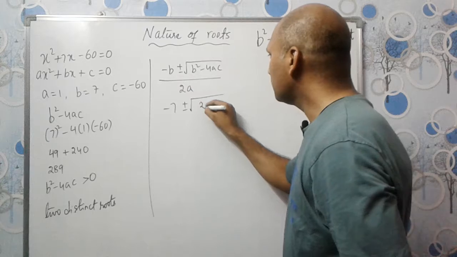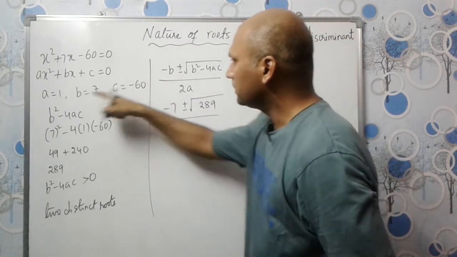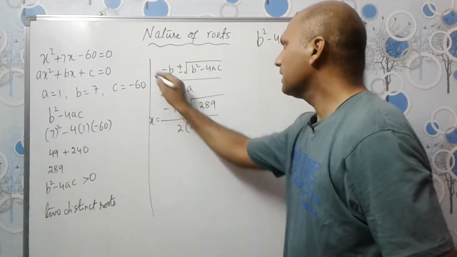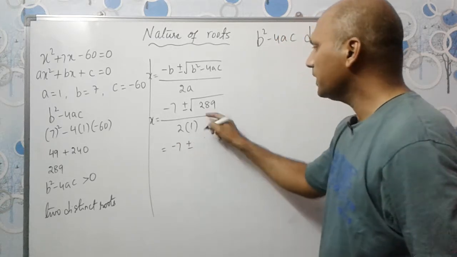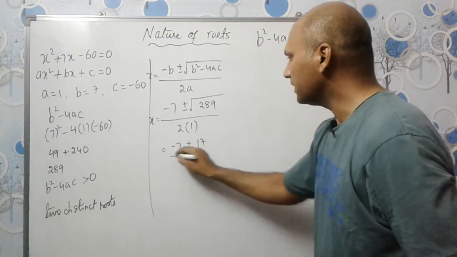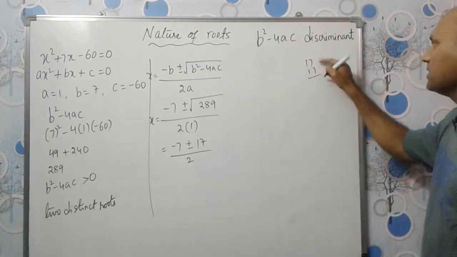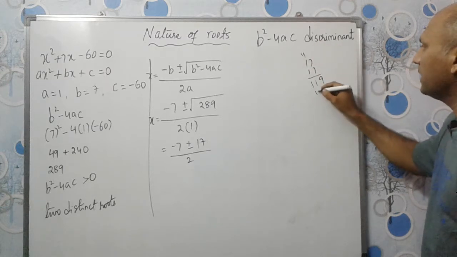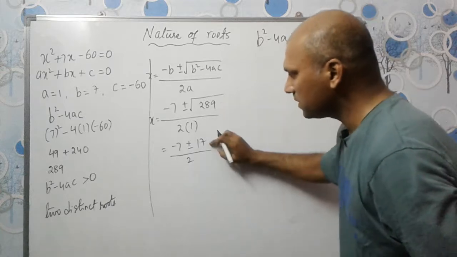It is 289 divided by 2 into a is equal to 1. So this will be the values of x. Okay, minus 7 plus minus 289 root is 17. Okay, yes, 17, 17 sevens are 49, 7 ones are 7, 8 9 10 11 and 17. So see, 289. So 289 root is 17.